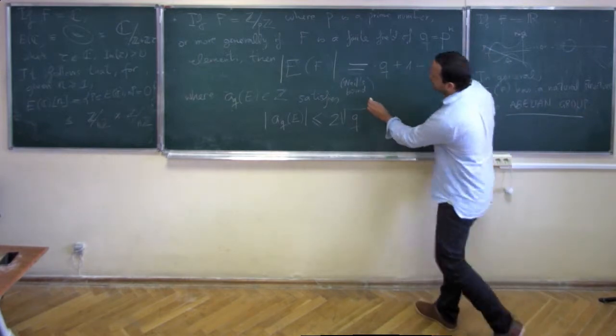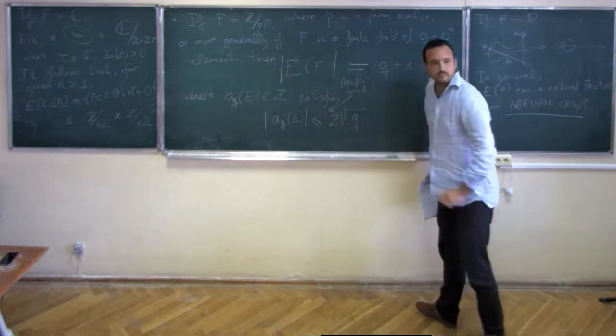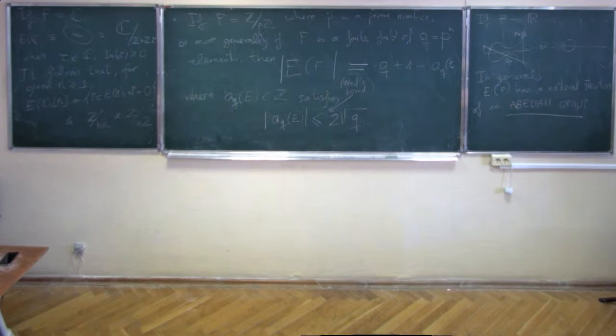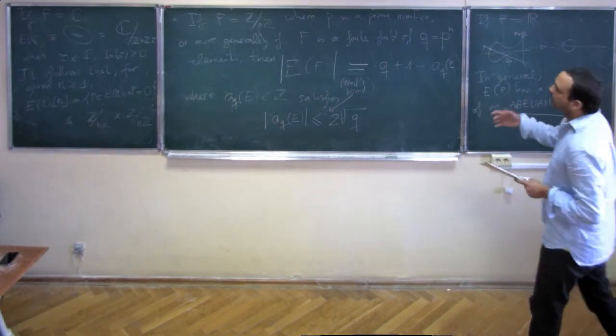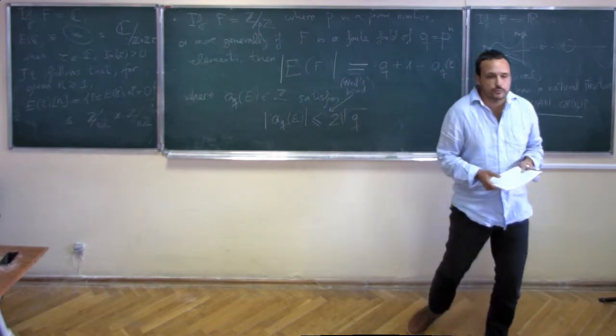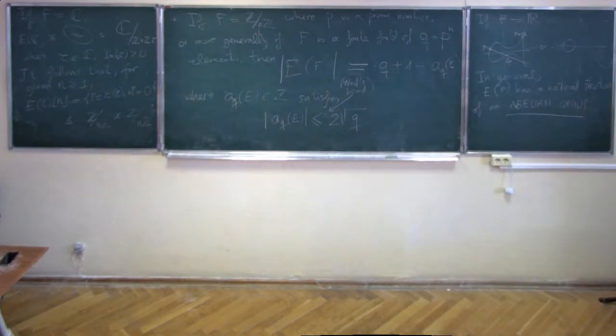So this is known as Weil's bound. This is one of the most important theorems we know about the size of the set of rational points of an elliptic curve over a finite field.